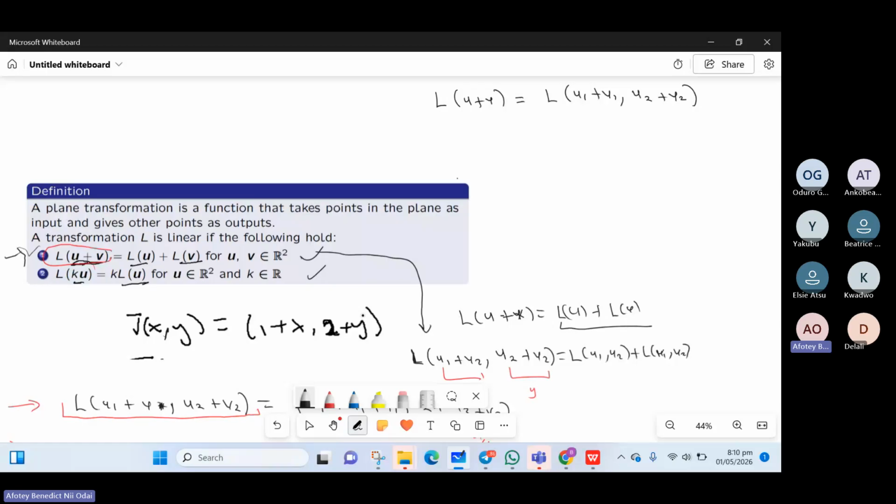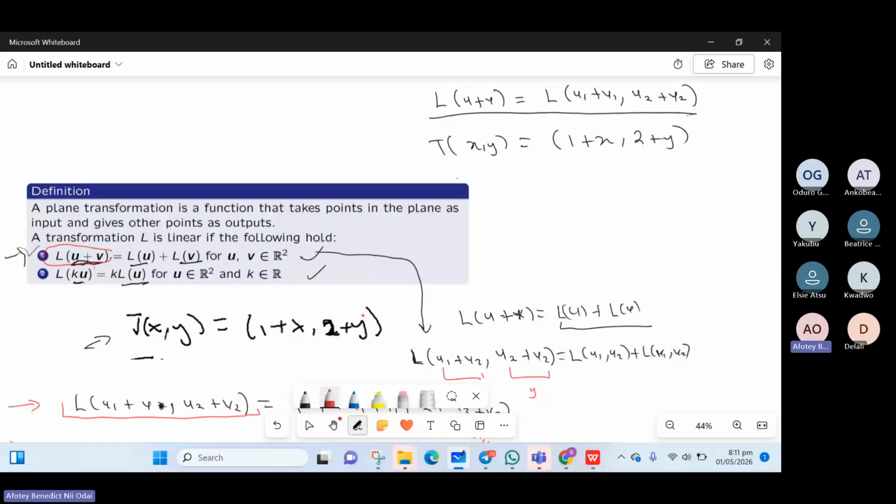So once you are able to do this part, all you have to do is to get the formula that you've been asked to show is a linear transformation and do x, y, 1 plus x, 2 plus y. So you do, right? So, what have I written?